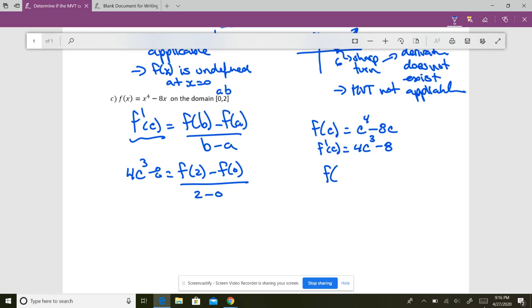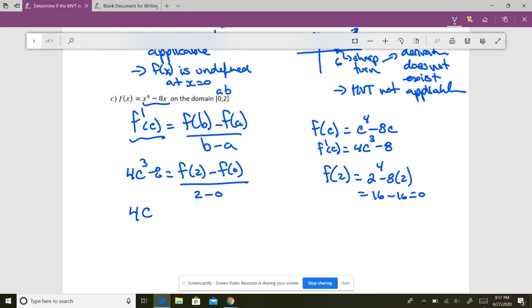Okay, so what's f of 2? Well, put 2 into the function. 2 to the 4 minus 8 times 2. 2 to the 4 is 16. 8 times 2 is 16. So it's 0. f of 2 is 0.